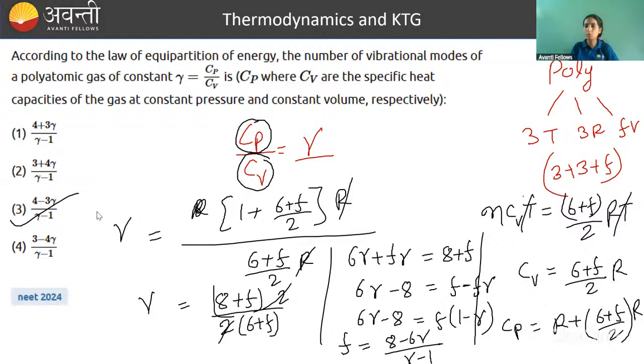So from here if you take 2 common, it will be 4 minus 3 gamma. But we are getting 8 minus 6 gamma. So there is some mistake, I guess, in calculation. Can anyone spot it? Sai, what was your doubt? Conceptually, it's correct. Is anyone able to spot it? I have written everything in one place, so maybe.